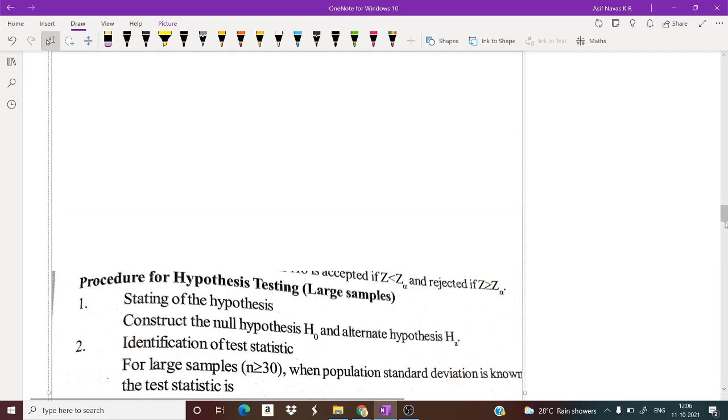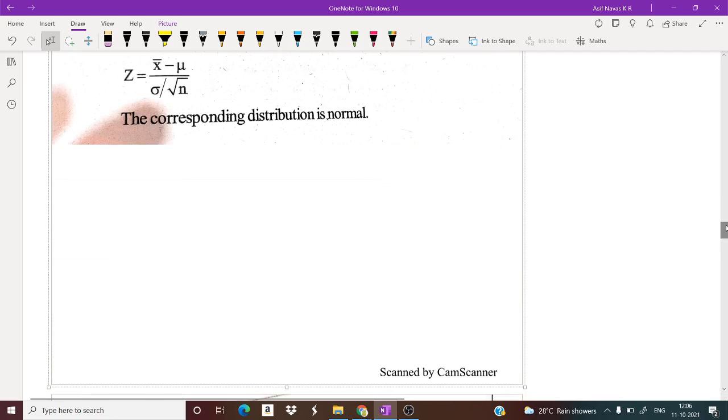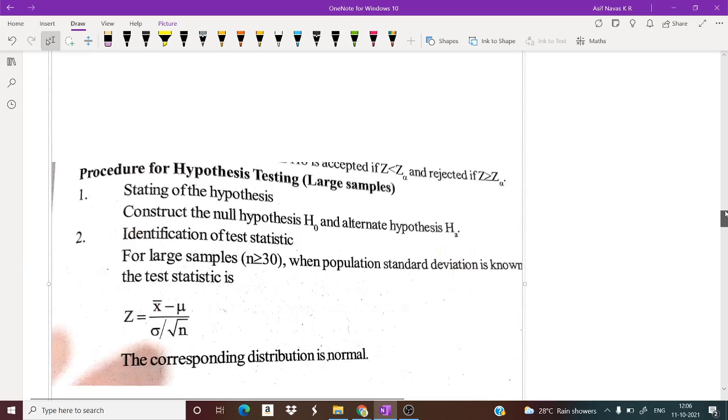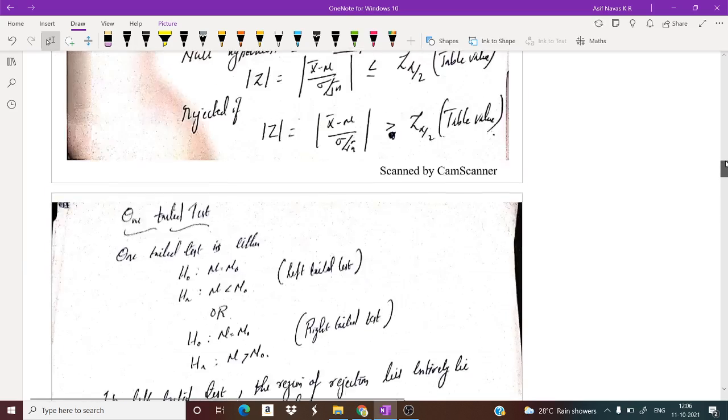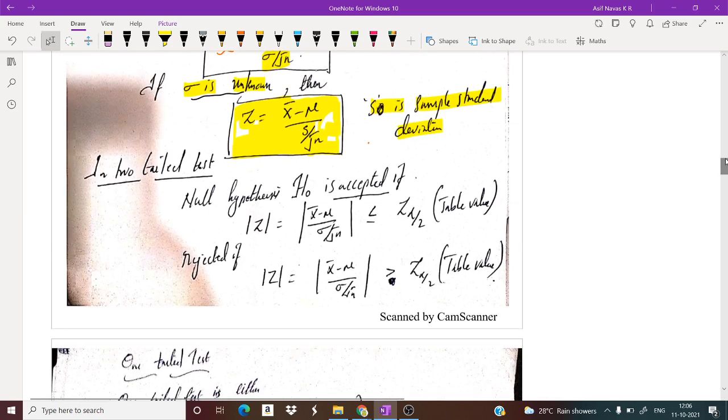Now, what we will do is, in a two-tailed test, we have to test whether mu equal to mu naught, and H A must be mu not equal to mu naught. If it is not equal, then we will take a two-tailed test.